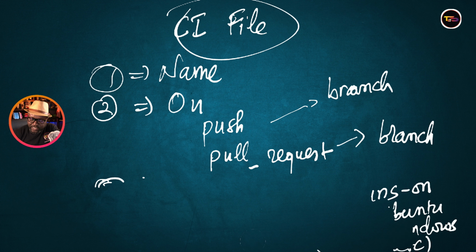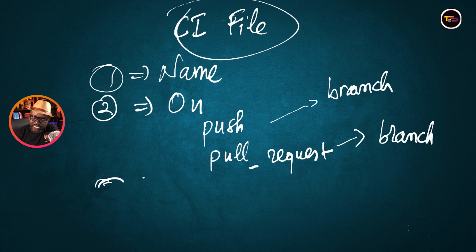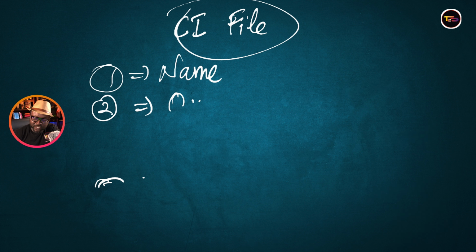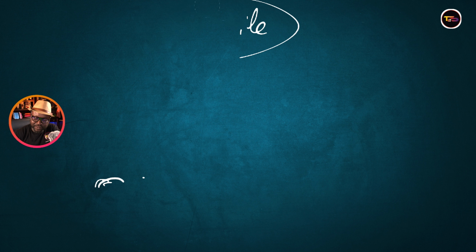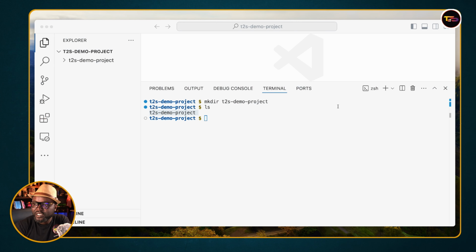So I'm going to take you now to the command line, and when we get to the command line, I'll begin writing the YAML file quickly. It's going to be a little bit fast here. I'll write the YAML file first.